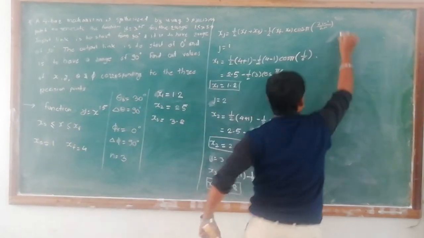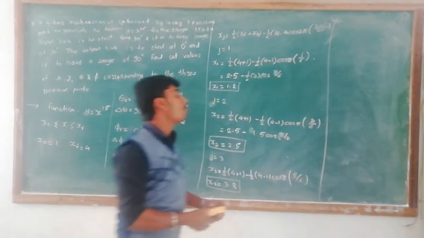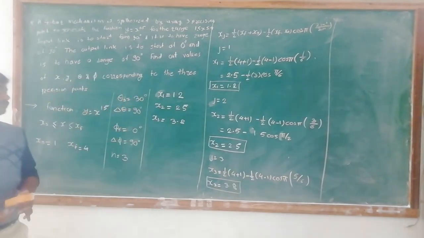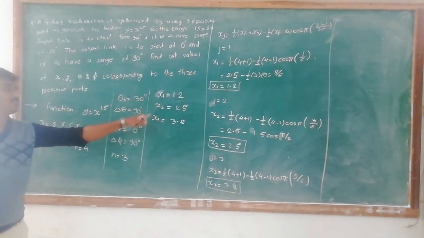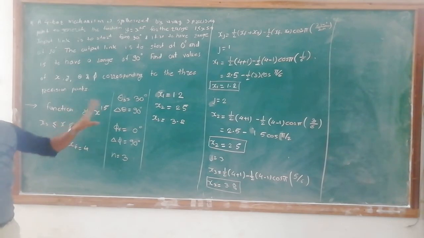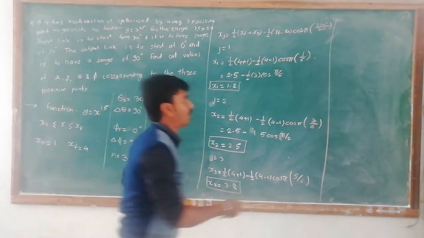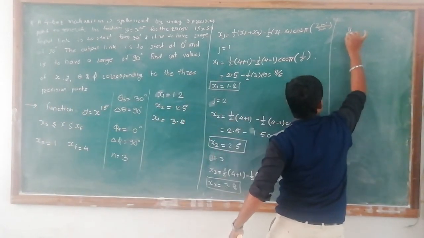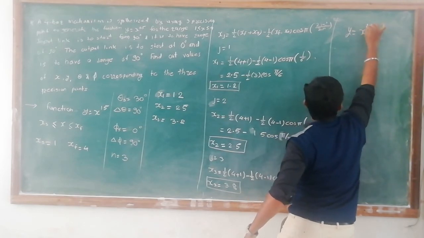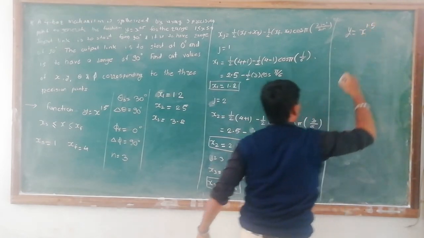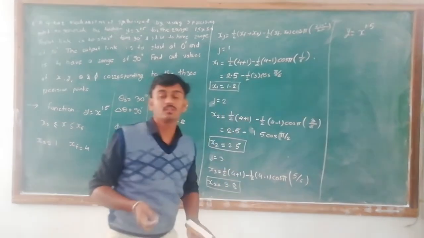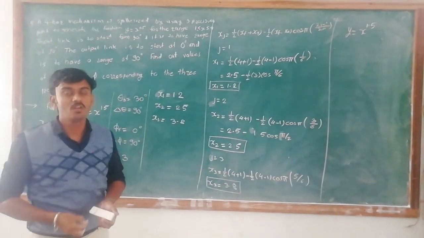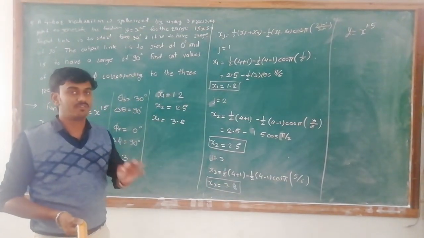Now we have to find out the value of y. We have a function of y, that is, y is a function of x and it is equal to x raised to 1.5. So we have to find out y starting, y finish, and y1, y2, y3.